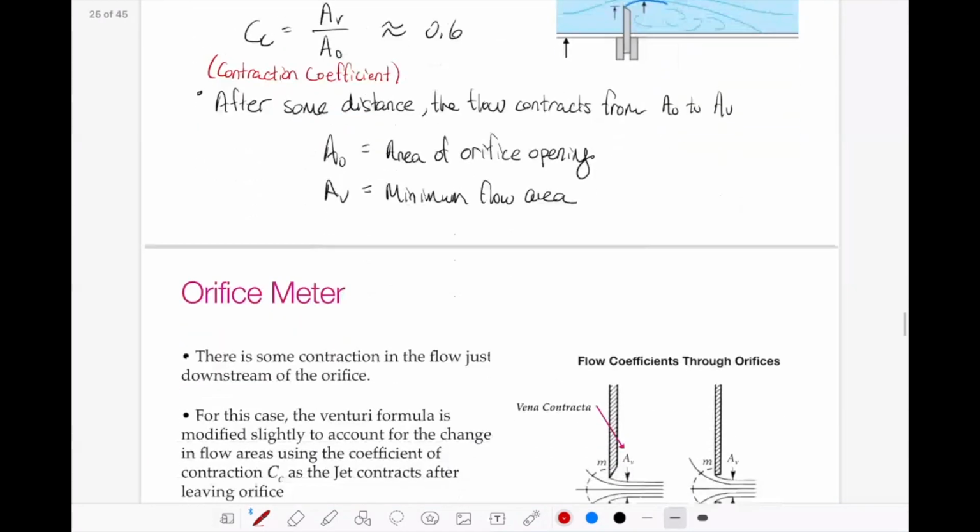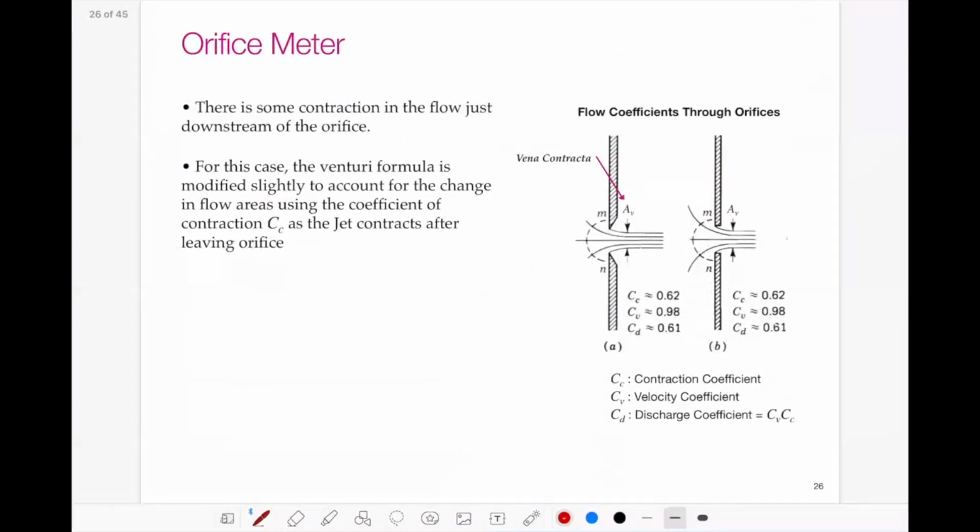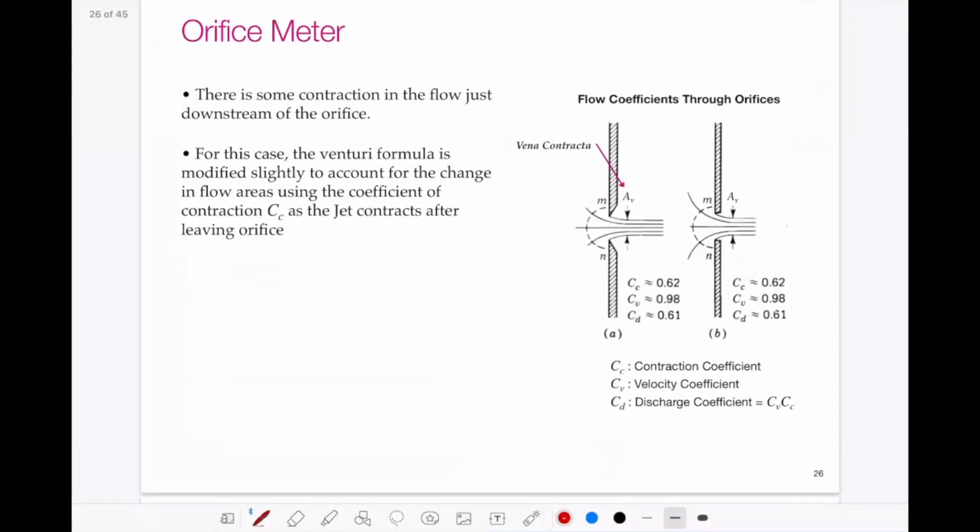So if this is the case, here's just showing an example of two different openings. We have one as a sharp point and one is a square edge opening.